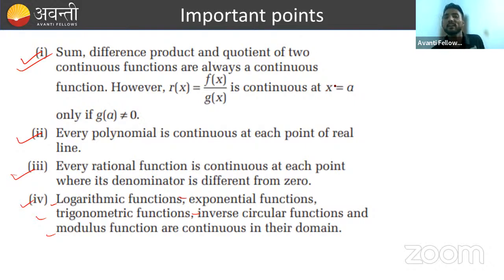And if two functions are continuous, then the sum, difference, product, and division of two continuous functions will also be continuous. Just we need to care that if it is divided, then the denominator should not be equal to 0.